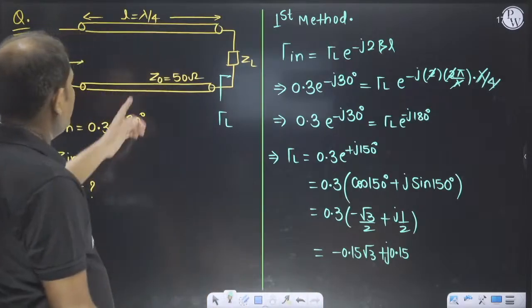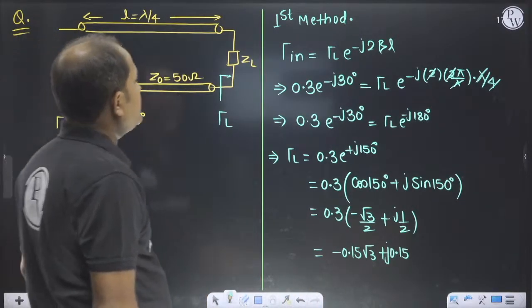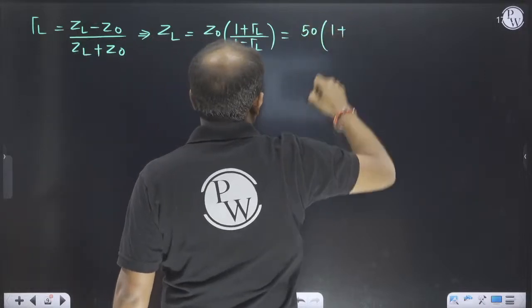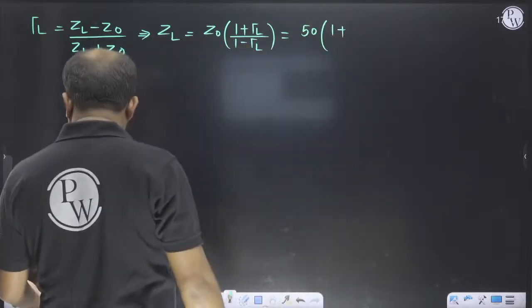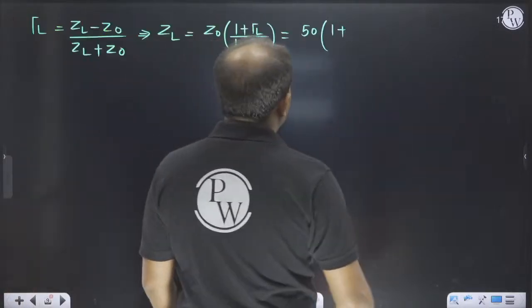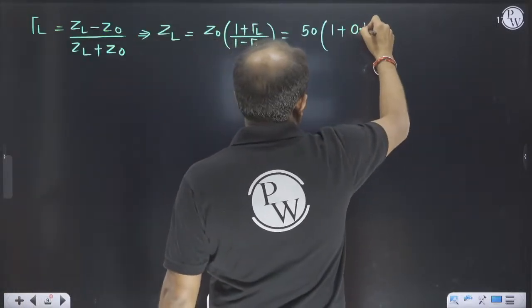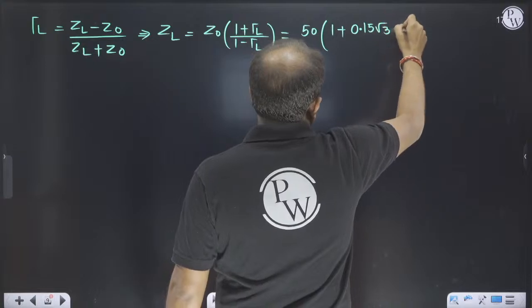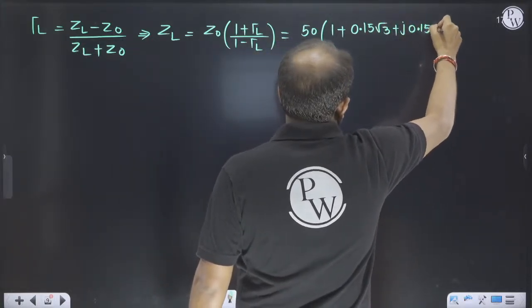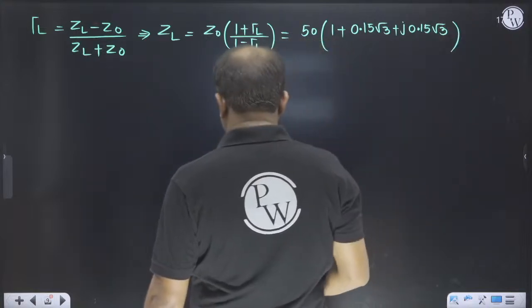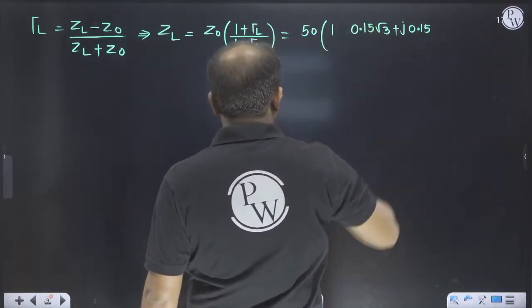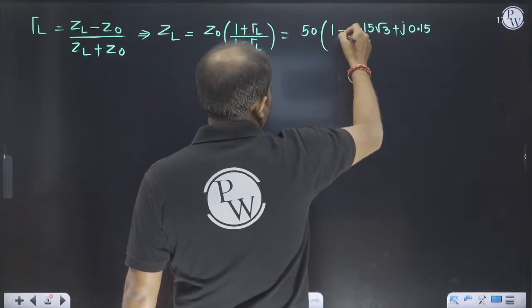Z0 we know is 50 ohm, and 1 plus gamma L, gamma L is minus 0.15 root 3 plus j 0.15, and you will calculate the value of this one.